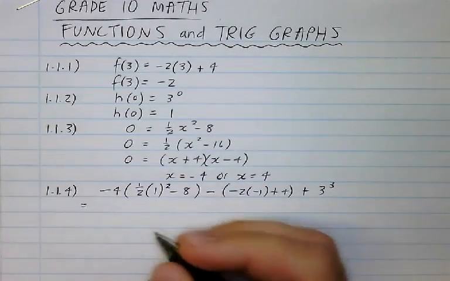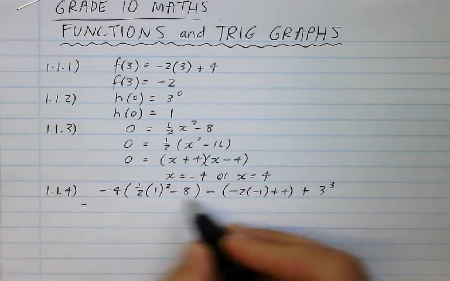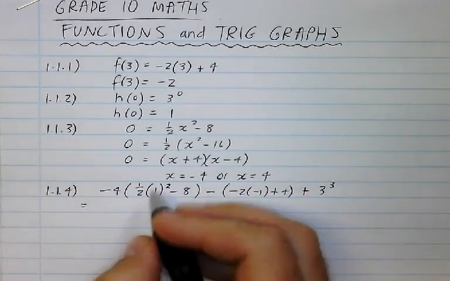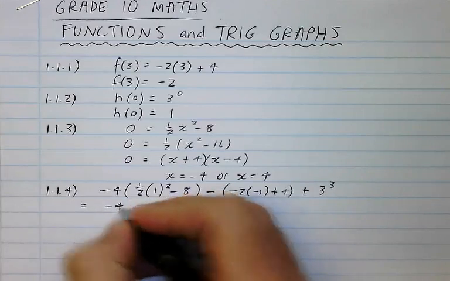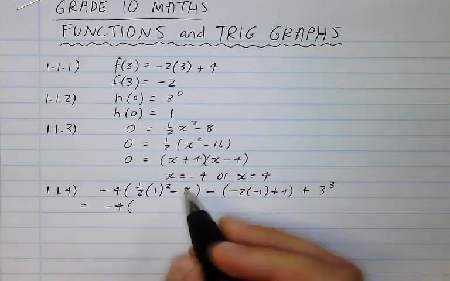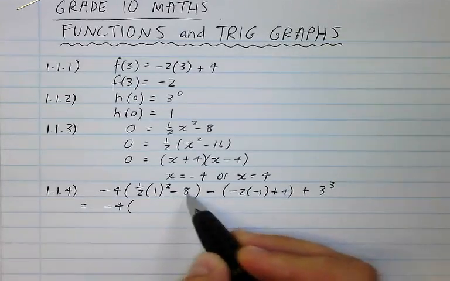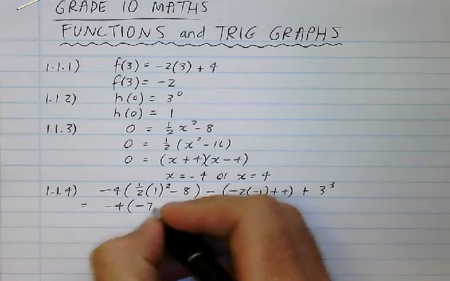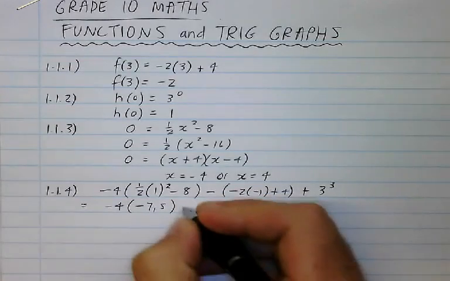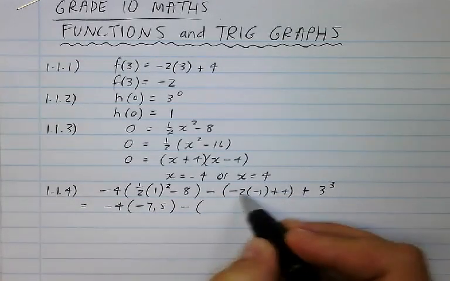Now it's just a case of finding the values out here. We can use our calculator for this, typing the whole thing into our calculator even, or we can do it bit by bit. Negative 4 if we want to leave it for now. A half times 1 would be a half, and a half minus 8 would be negative 7,5. We are going to subtract. What does this bracket give us?